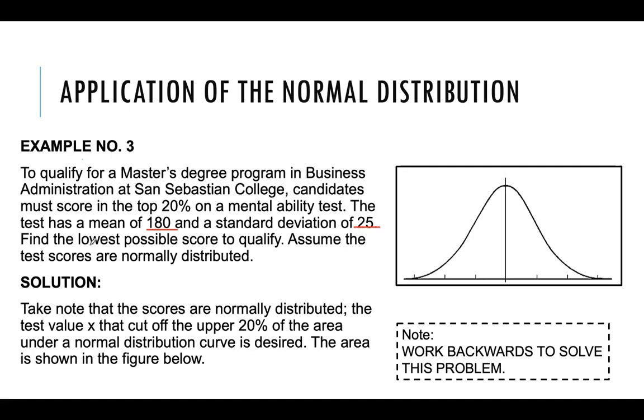Find the lowest possible score to qualify. Assume the test scores are normally distributed. So take note that the scores are normally distributed. The test value X that cuts off the upper 20% of the area under the normal distribution curve is what we need to find. Note that we work backwards to solve this problem.